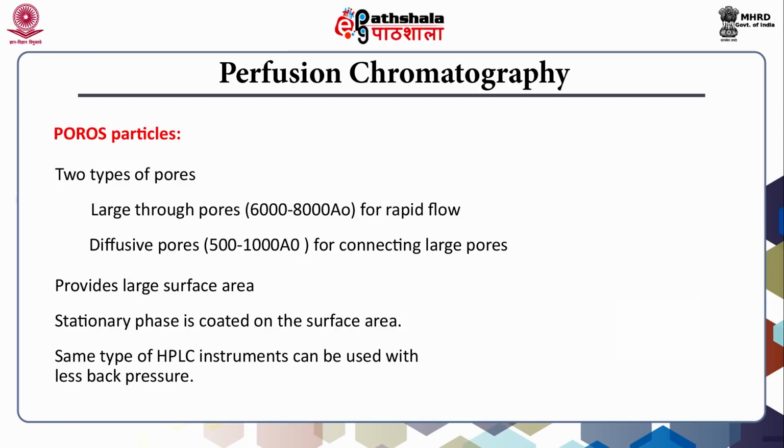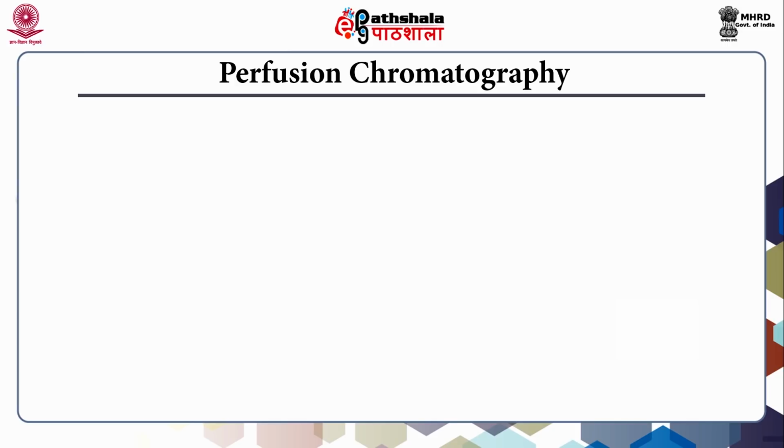So, how can we get better chromatography by using high flow rates in perfusion chromatography? For knowing that, first of all, we need to recollect our knowledge on the theoretical plate heights. In this slide you can see the theoretical plate height is inversely proportional to the diffusion coefficient of the mobile phase.